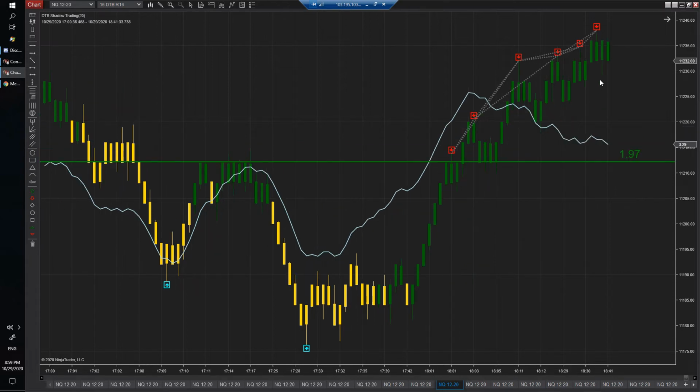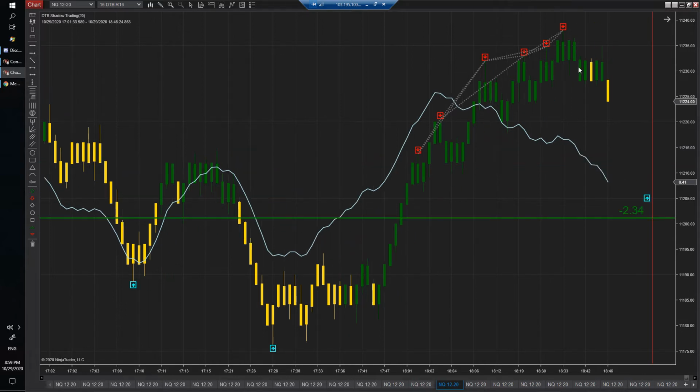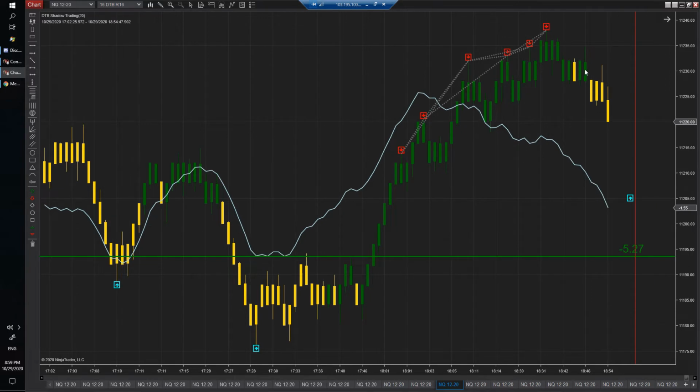This is telling us, especially with the momentum line dropping, that this trend going up is very likely to be reversing. As soon as we start getting our gold bars, that is truly an amazing signal from the Shadow Trading indicator telling us that this is going to be going down. We could also act on these arrows and divergences and enter positions higher up.